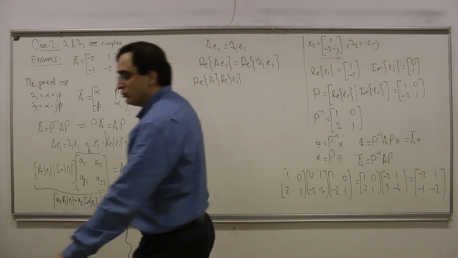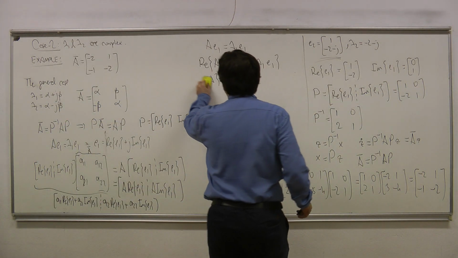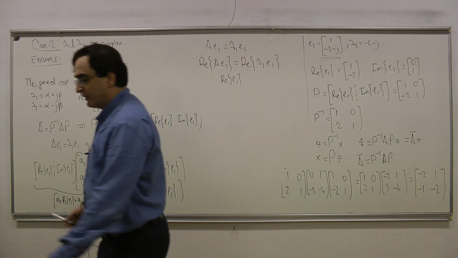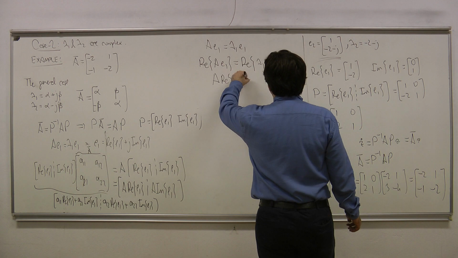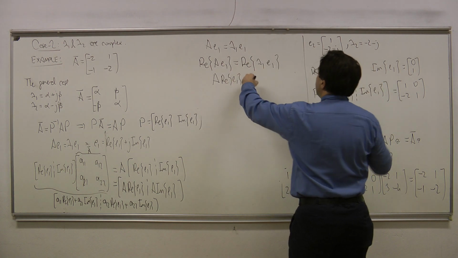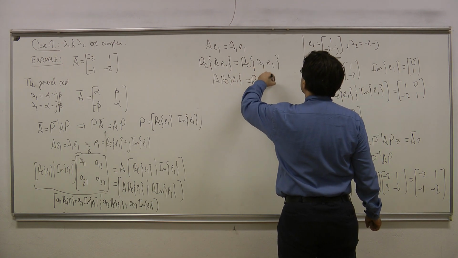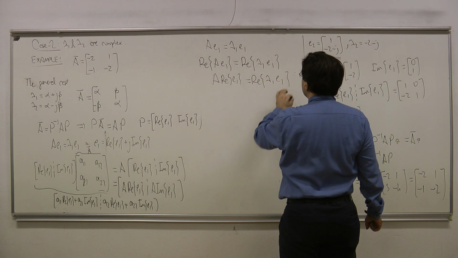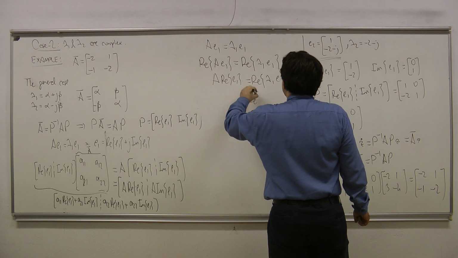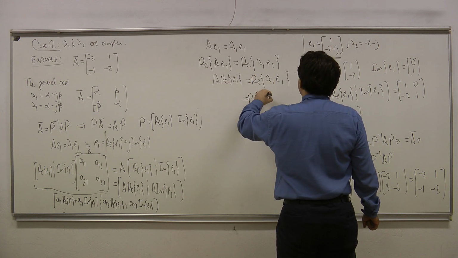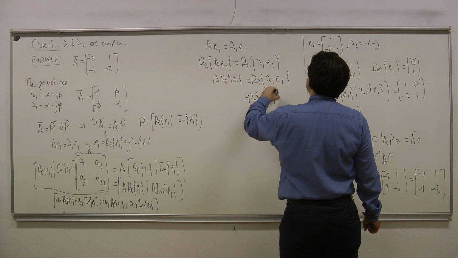Or here I really do not have to write real of A at all. I can take it outside directly. So this is A times real part of E1. And here I cannot do that distributing because both of the elements are complex here. So then what to do here on the right hand side? So it is simple. Instead of lambda 1, I write alpha plus j beta.